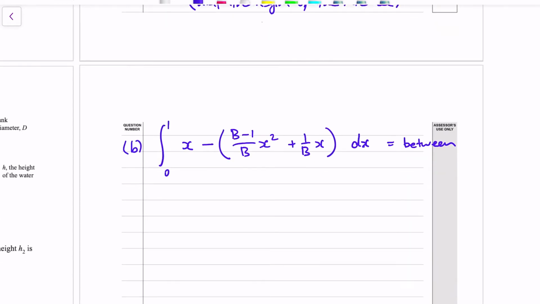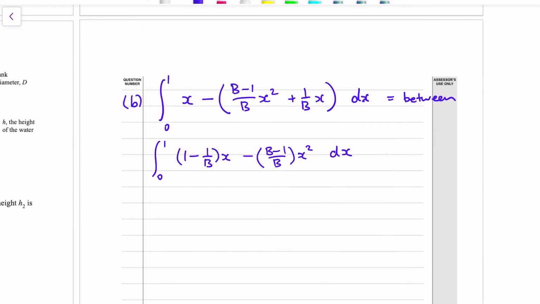Alrighty, so we have a linear function, x, there in the front. We've also got the 1 over b x. So if we put that together before we do the integration, it makes us have one less term to deal with, just like they've done there with the quadratic term. And b is just a constant we're trying to determine. So if we integrate the linear function, the constant just stays in the front.